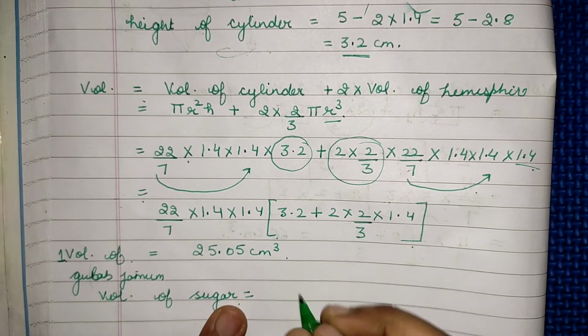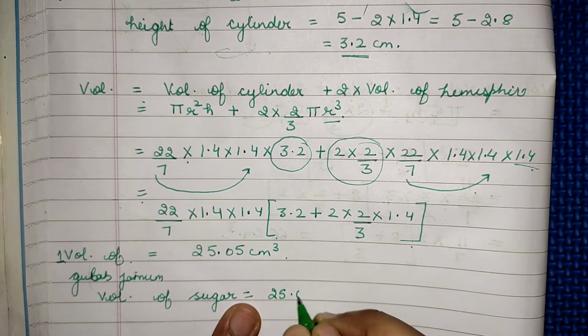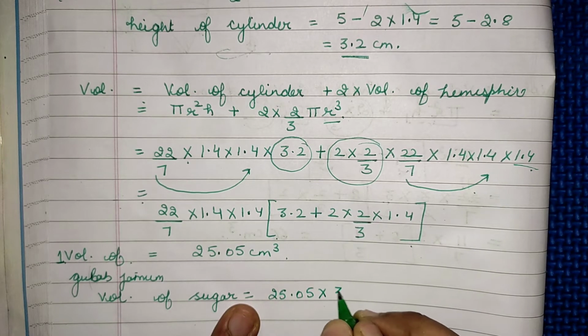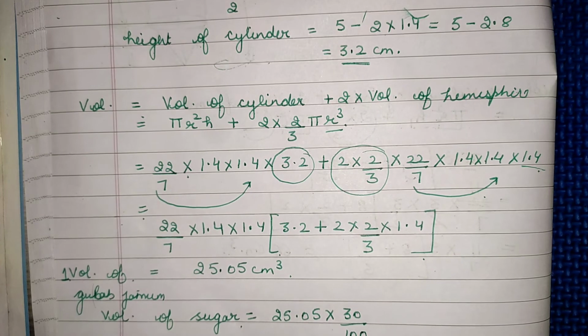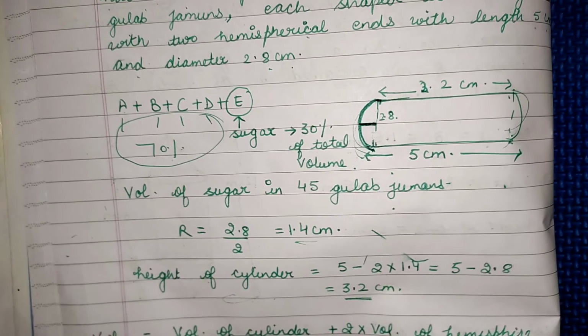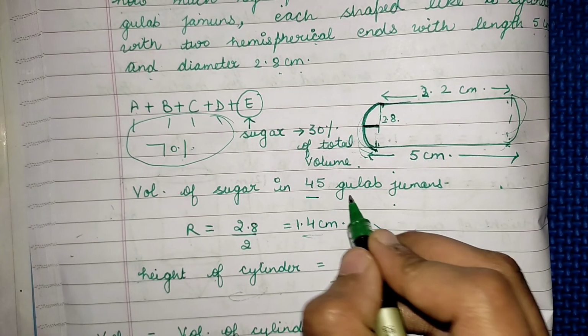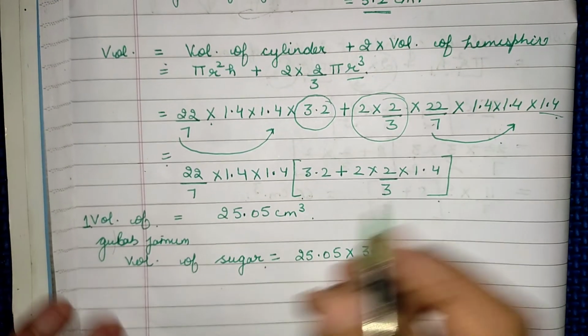So what is the volume of sugar for one? 25.05 into 30% of this value. Now we have to find out the volume of the sugar content in 45 gulab jamun. So how can I find it?